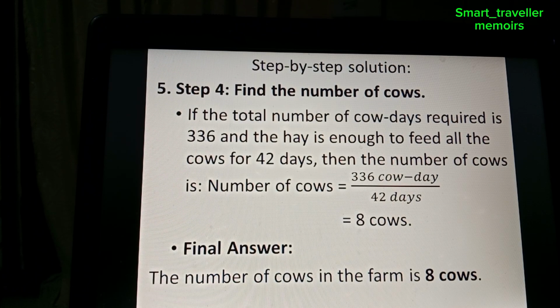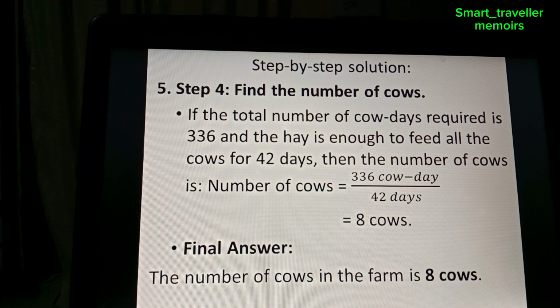Step 4, find the number of cows. If the total number of cow days required is 336, and the hay is enough to feed all the cows for 42 days, then the number of cows is 336 cow days over 42 days.